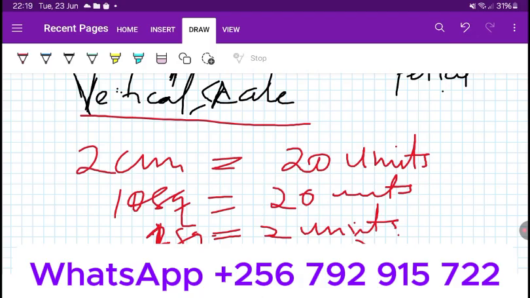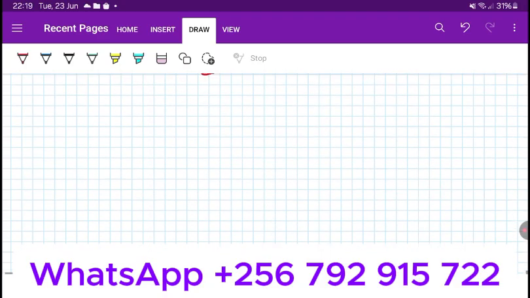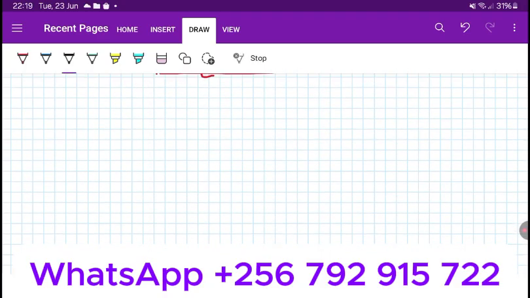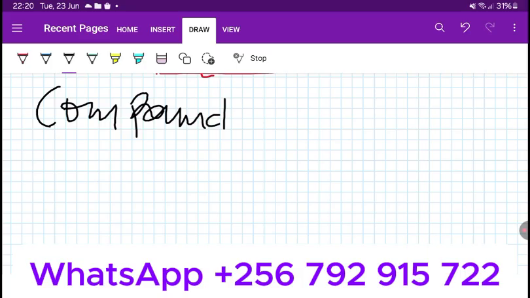Maybe I can give a schedule of how it will look like. But the good thing, we have internalized the comparative, and now I want us to look at what we call the compound, because this is the one that we have been studying, the compound bar chart.